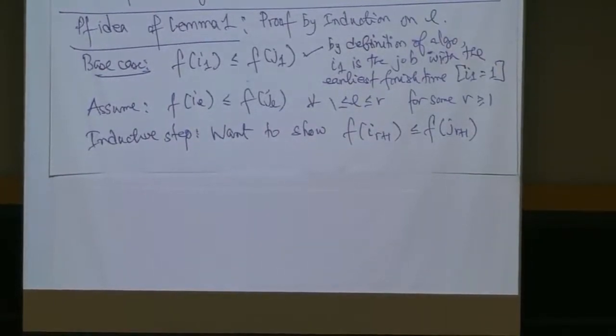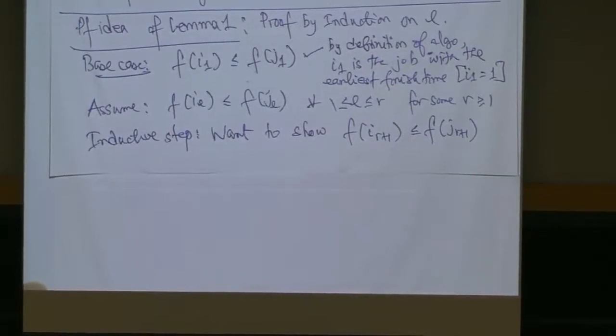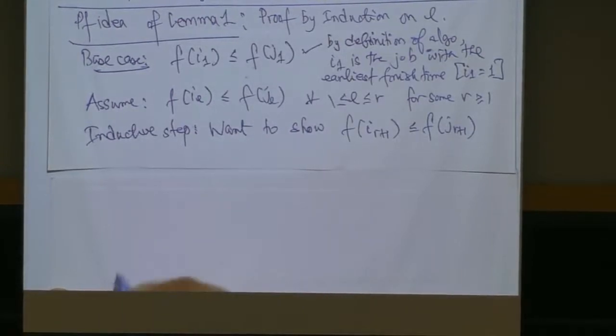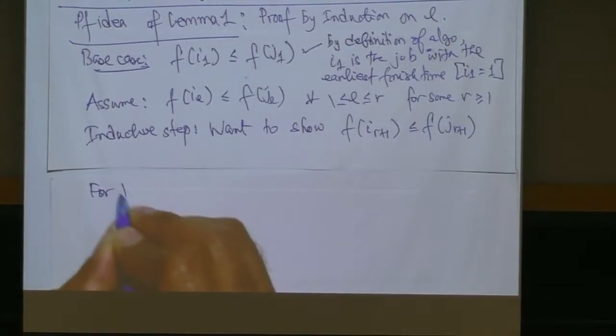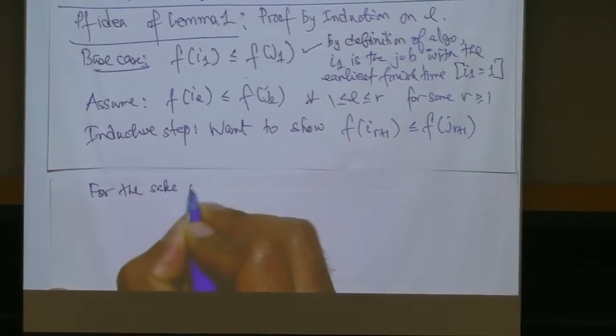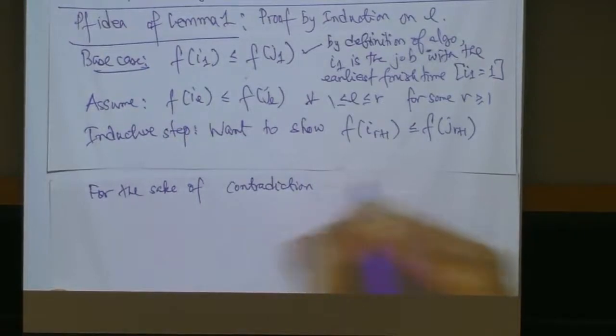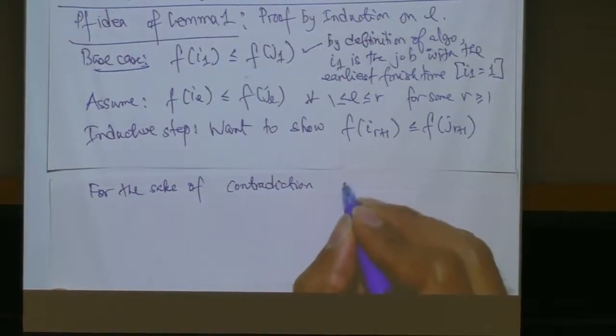All right, so it turns out that even though I said we'll break the shackles of proof by contradiction, it's not going to be a clean break because we're going to argue the inductive step by contradiction. Okay, so for the sake of contradiction, assume that this doesn't hold true.